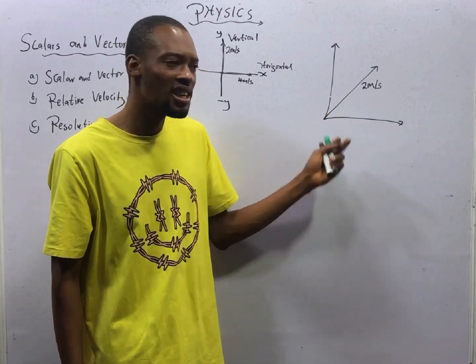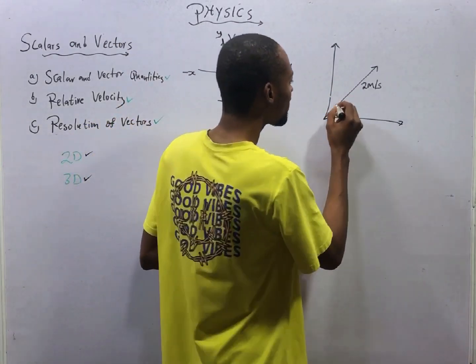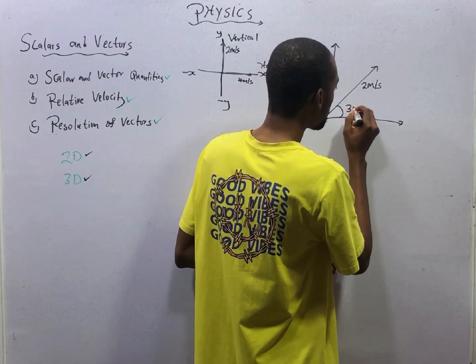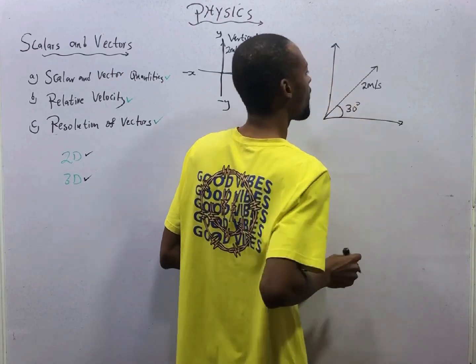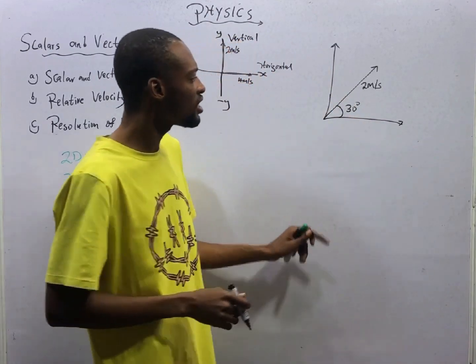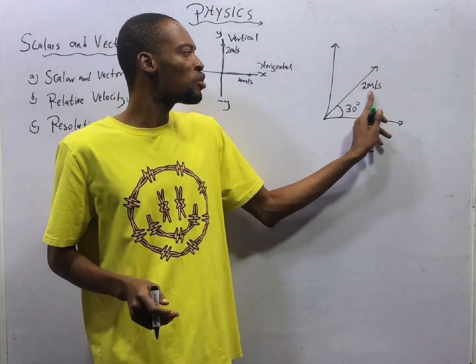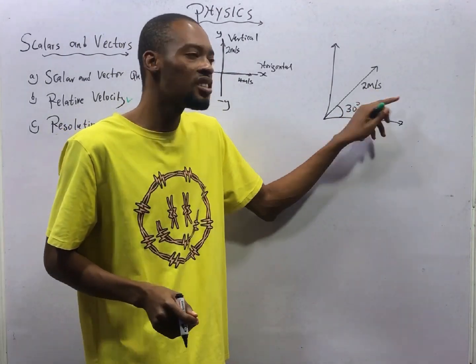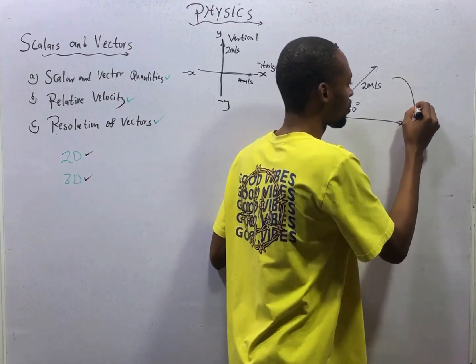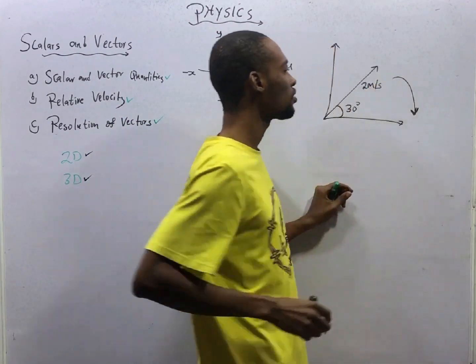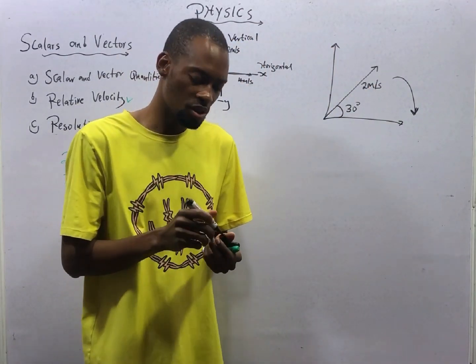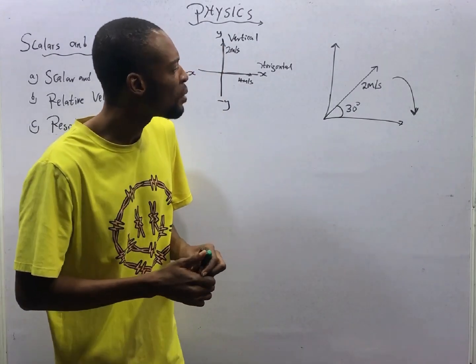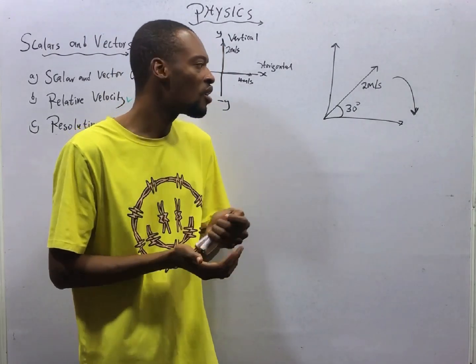This is certainly an angle. If we say this angle is 30 degrees, for example, it means this vector is 2 meters per second at 30 degrees to the horizontal. So angles are mostly formed with the horizontal or to the horizontal.